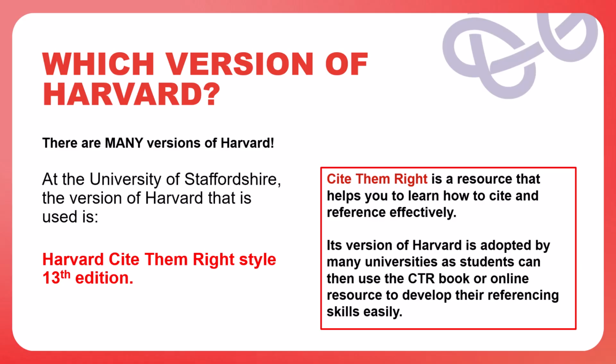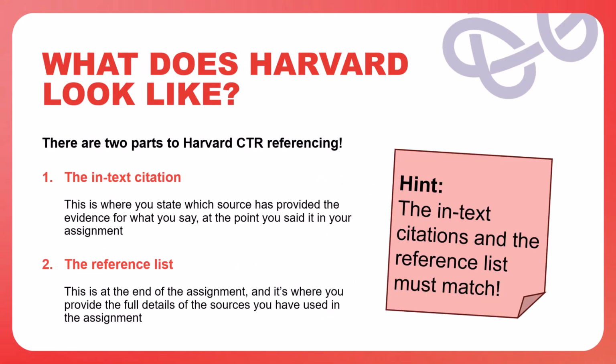Cite Them Right is a resource that we provide for you to help you to ensure that you are presenting your references correctly. Cite Them Right sets the style for this version of Harvard. So using this resource to help you will make sure that you're using the most up-to-date version. Make sure you are using that version all the time to ensure that your references are correct.